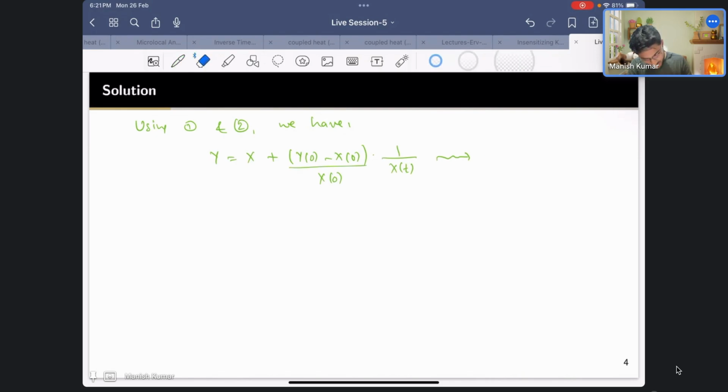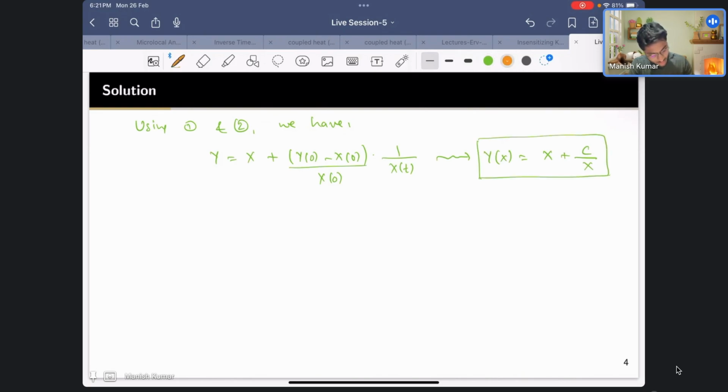You can write y as a function of x as x plus some c times 1 by x. So this is the orbit.